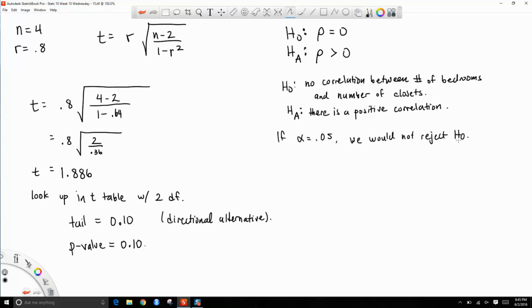All right, so what does this mean? We're getting a p-value equal to 10%.